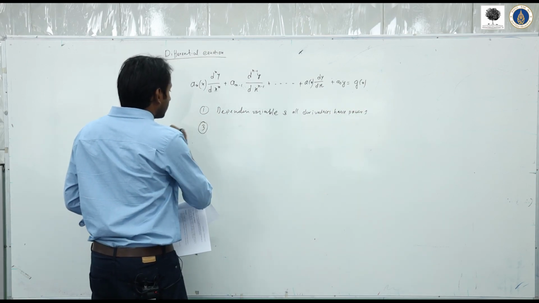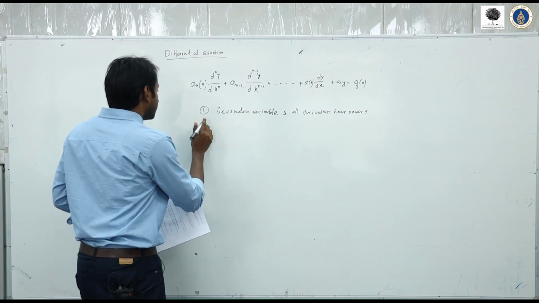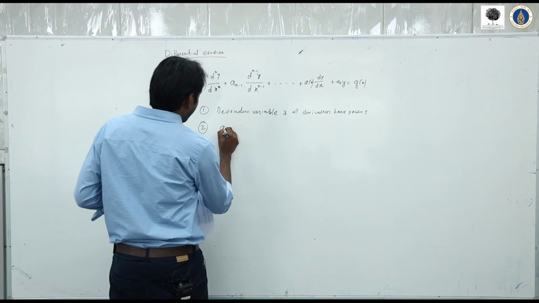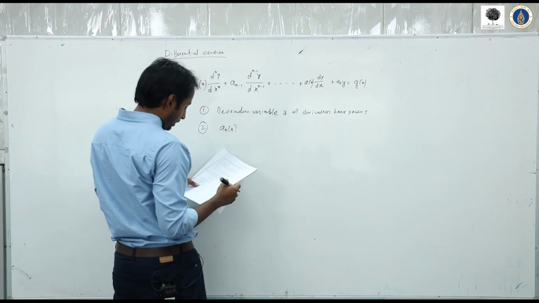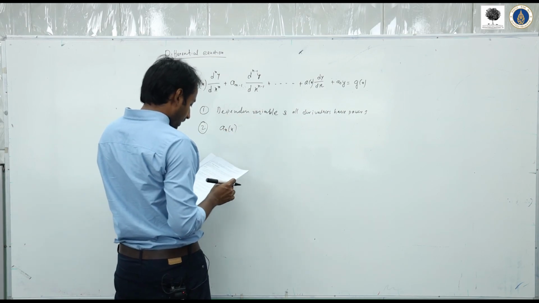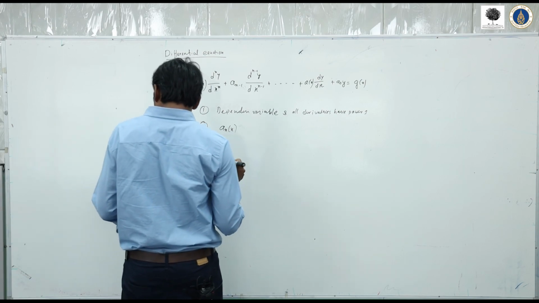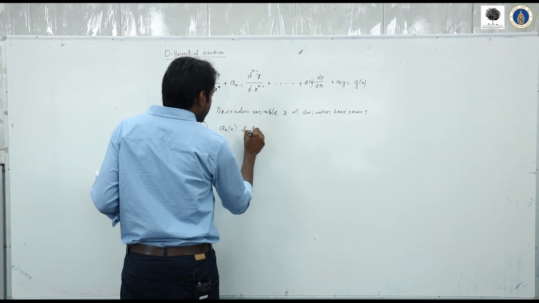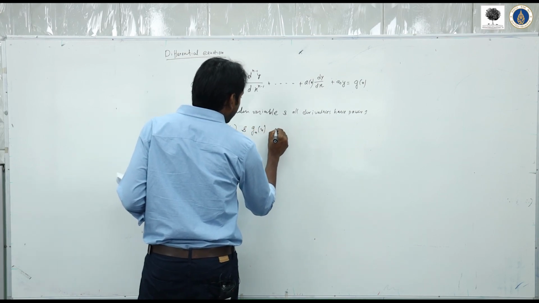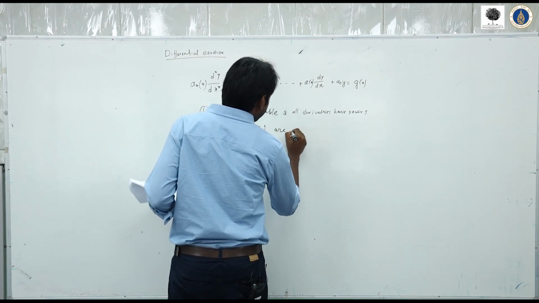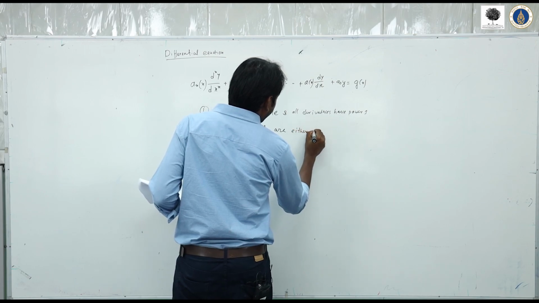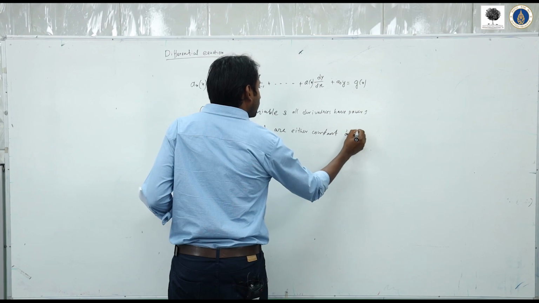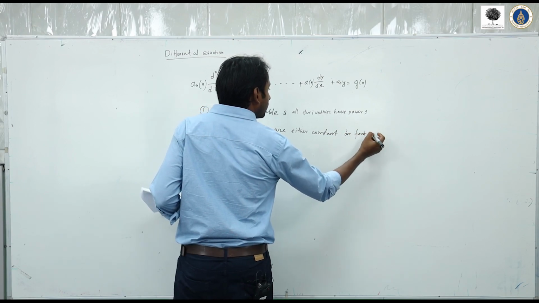And the second is that the coefficients a_n(x) and g(x) are either constants or functions of the independent variable.